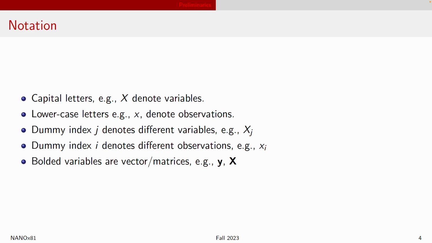So observations means I have one measurement of a target, I have a second measurement of a target, those are different observations. If I have the same material, but I'm measuring different aspects of the material, things like, for example, its electronegativity and its atomic mass, those are different variables, okay? If I bold the variables, those are essentially either vectors or matrices, okay? Again, very standard notation that you have probably already seen in your linear algebra course.